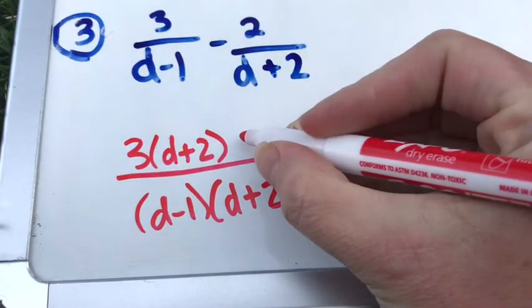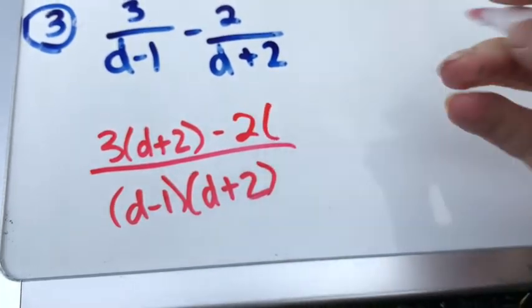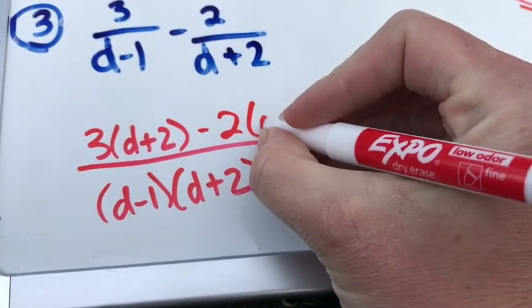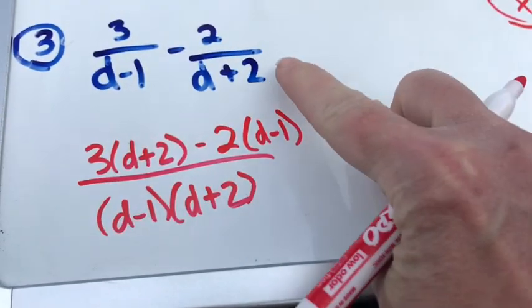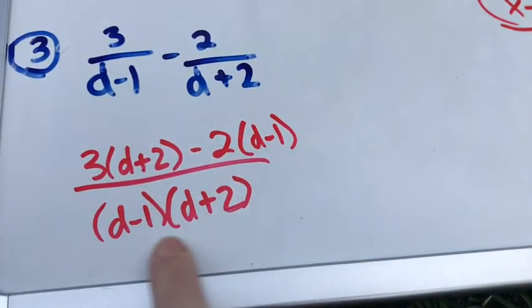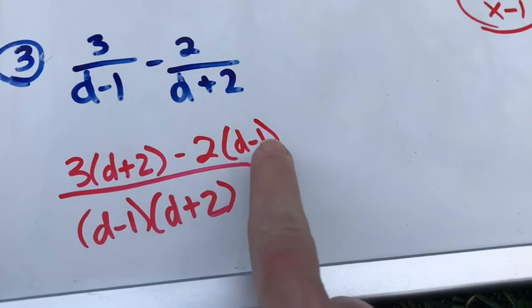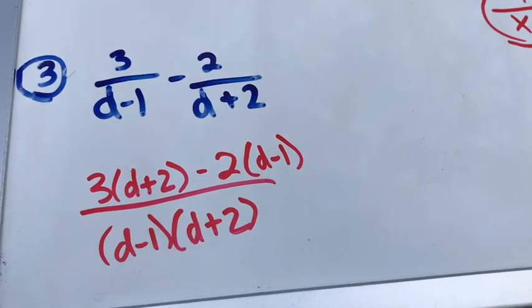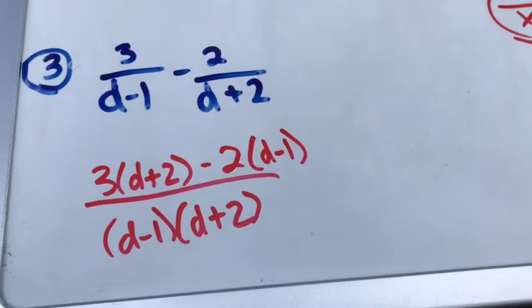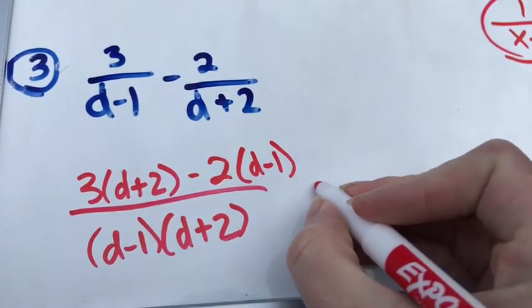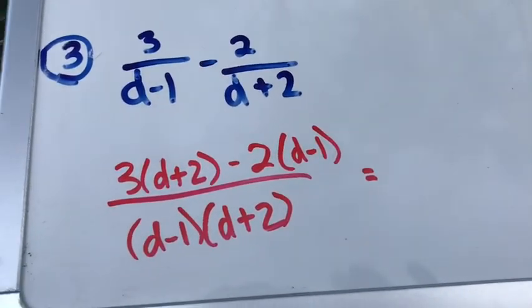We're going to do the same thing over here. So minus 2, now we're going to multiply by d minus 1, because we already have the d plus 2. To get this in the denominator, we had to multiply the denominator by d minus 1, so we also need to multiply the numerator by d minus 1. This actually isn't so bad now. Pardon my handwriting.